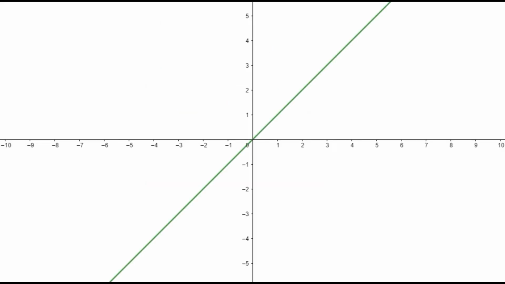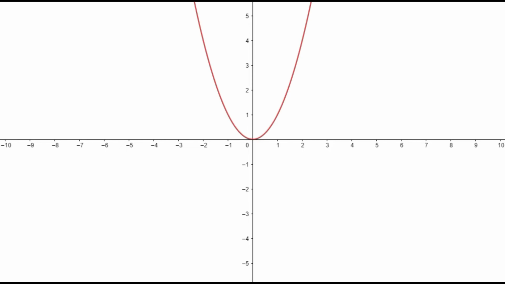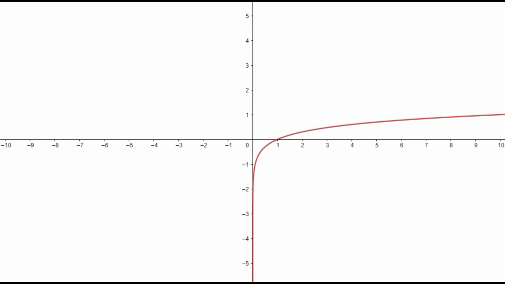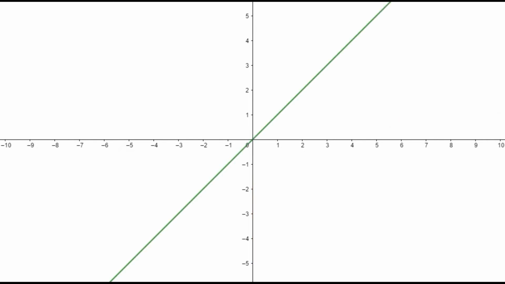Say function f of x equal to x square, x cube, sin x, cos x, tan x, e raised to x, log x, absolute value of x.